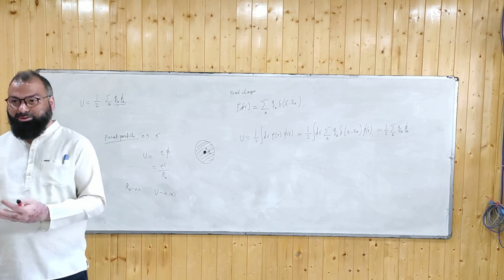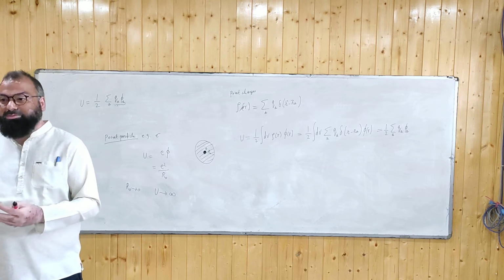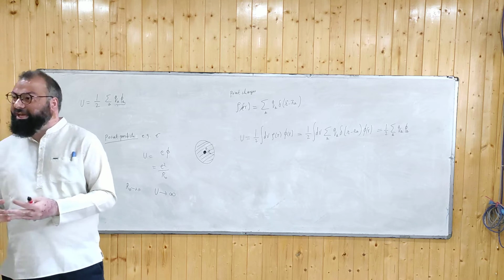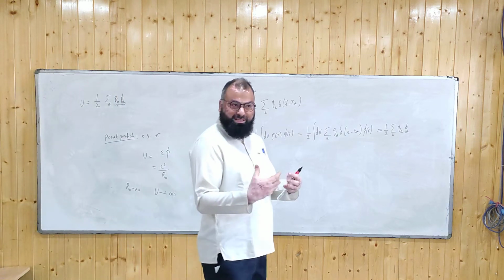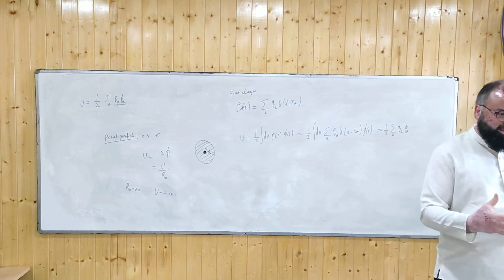So what does classical electrodynamics predict? The electron mass has to be infinite. Because the self energy is infinite, it implies the mass of the electron should be infinite.